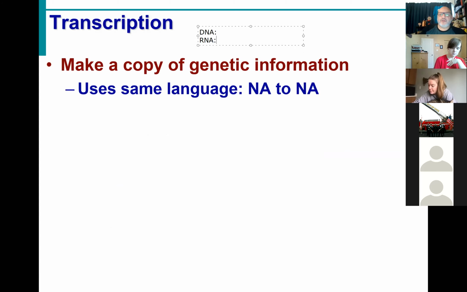And we also know that there are 5 total nucleic acids, but does DNA use all 5? No, it only uses 4. Which 4? A, G, C, T. Exactly, AGCT.